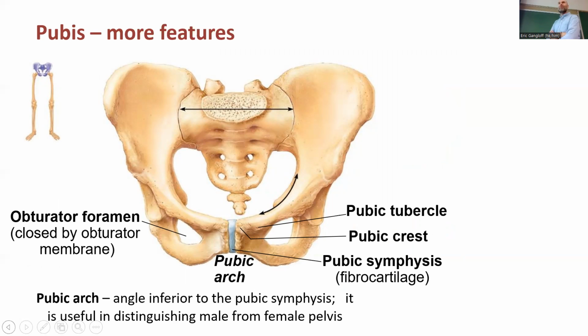The word symphysis really generally refers to when you have a joint that's really tight and there's not a lot of movement, right? And so you have this symphysis here between the two pubic bones.